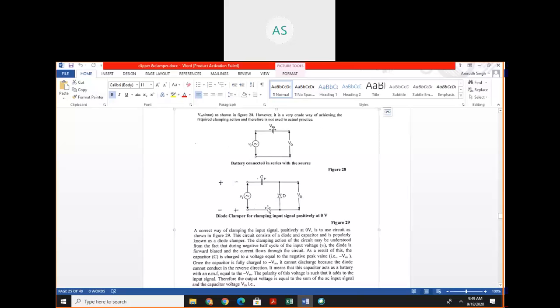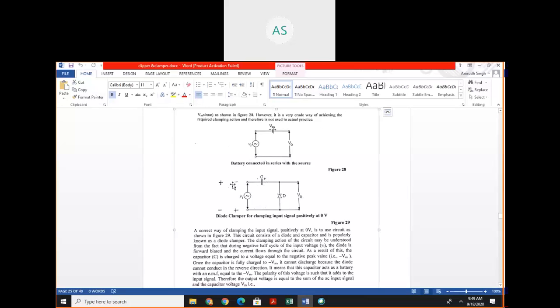Then the clamping circuit. A clamping circuit is used to insert a DC level into an AC signal. In a clamper circuit, we use a diode, a resistance, and a capacitor. This is an example of a clamper, a diode clamper.